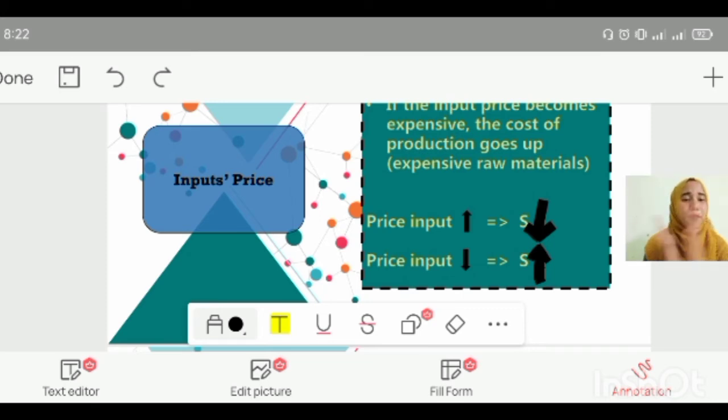And if the price of inputs is decreasing, we have also an increase of supply. If mumurahin lang yung raw materials ng paggawa ng ating supply, or for example in health economics, the medicine, then the supply of that medicine will also increase.